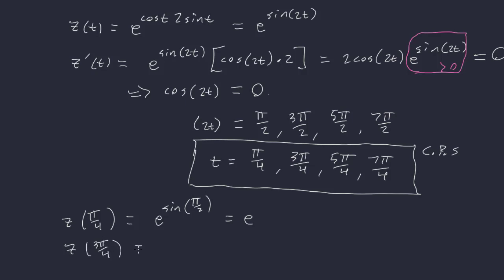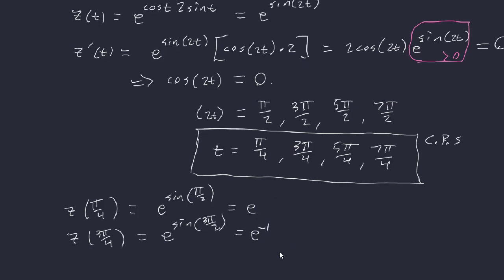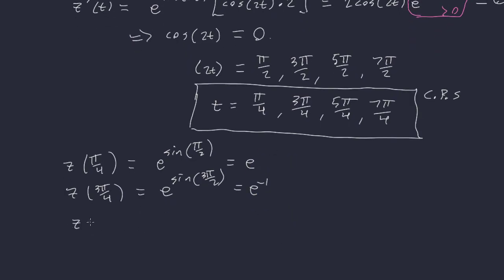Sine of 3 pi over 4 is e to the sine of 3 pi over 2, which is e to the negative 1, or 1 over e. 5 pi over 4 gives us e to the sine of 5 pi over 2, which is simply e.